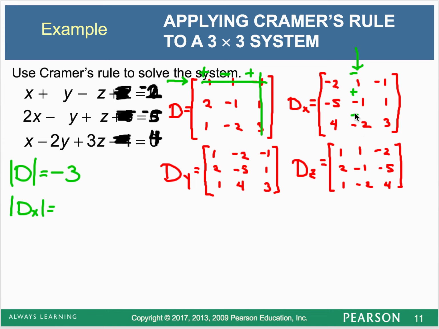Okay, so I'm going to start with negative 1 and cross out the row and the column that 1 is a member of, and it gives this determinant. So I have negative 5 times 3, so negative 15, minus 1 times 4.